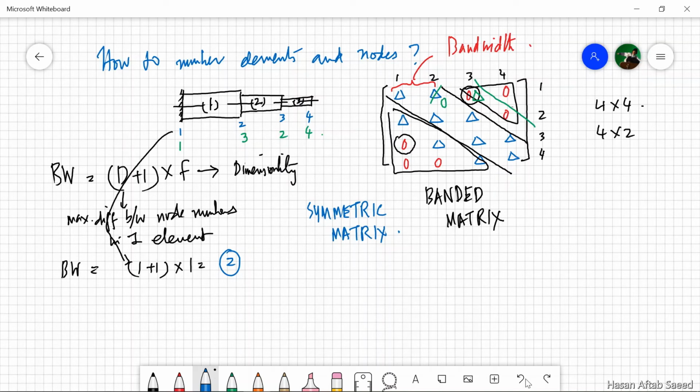But when it comes to this scheme in green, let's see the difference between the node numbers: first element 2, second element 1, the third element also 2. So you have to take the maximum difference. So 2 plus 1 into 1, and you get 3 as expected. This bandwidth is the case when you have the numbering in green.